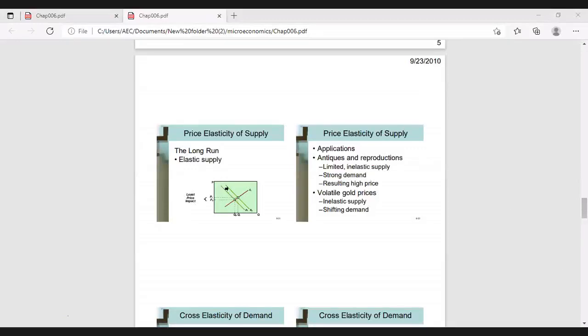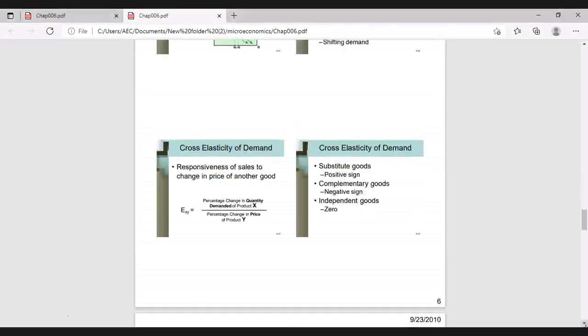Then we will see cross elasticity of demand. How the consumer responds in quantity demanded to a price change in other, related products, that is cross elasticity of demand.